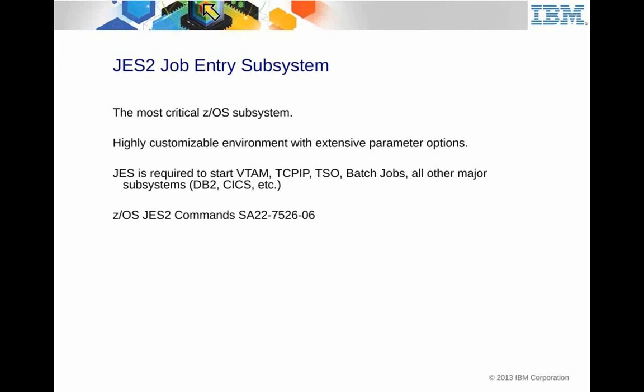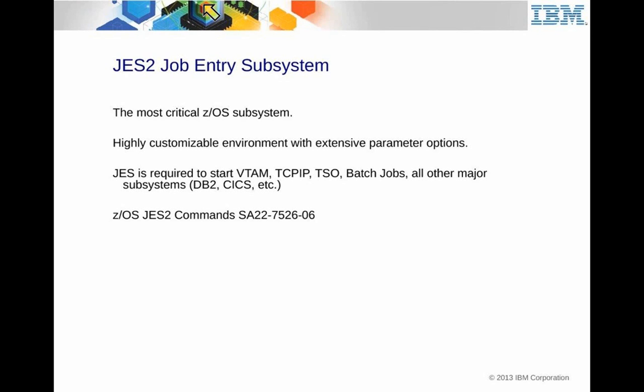Now, it turns out that JES, Job Entry Subsystem, is considered the most critical of the subsystems. And it's highly customizable. Basically, to start things like the communications area and TSO and to get batch jobs running, you need JES running, Job Entry Subsystem.